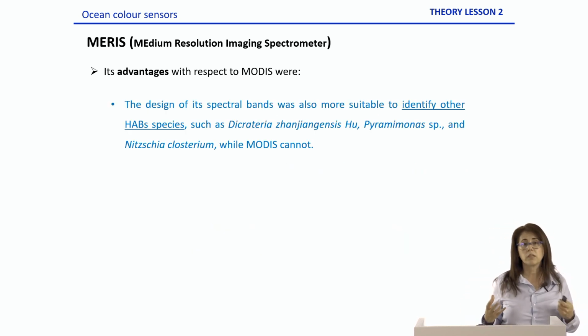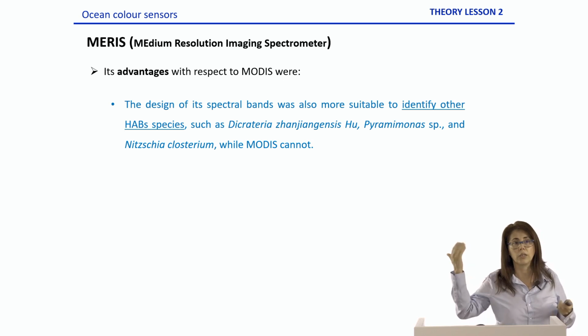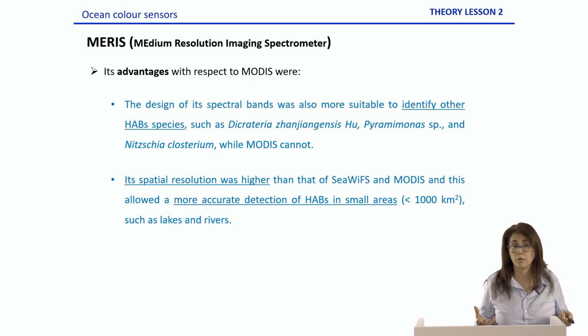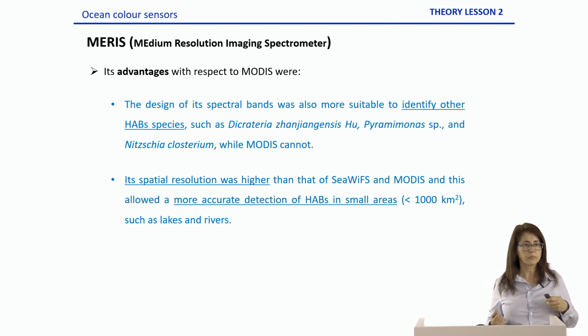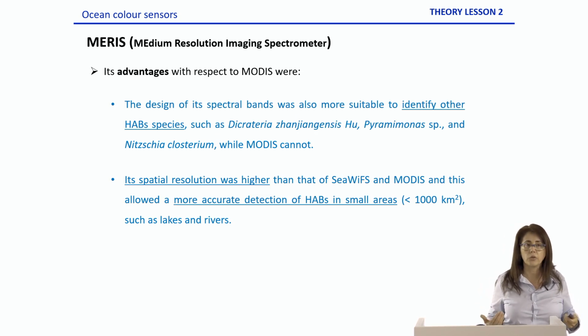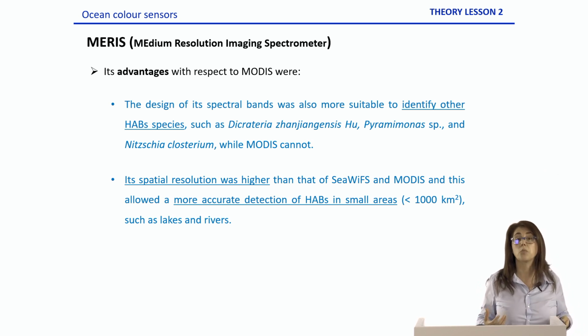More advantages include that the design of the spectral bands is also more suitable to identify other HAB species, not only cyanobacteria, while MODIS cannot identify species. Okay. Also, the spatial resolution of MERIS was higher than the spatial resolution of SeaWiFS and MODIS, and this allowed for a more accurate detection of HABs in smaller areas, like, for example, lakes or rivers.